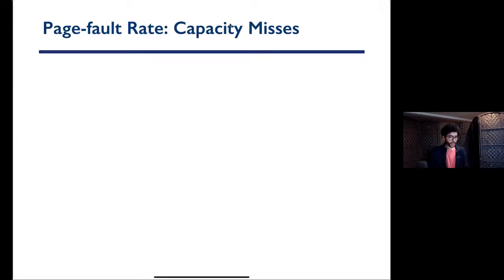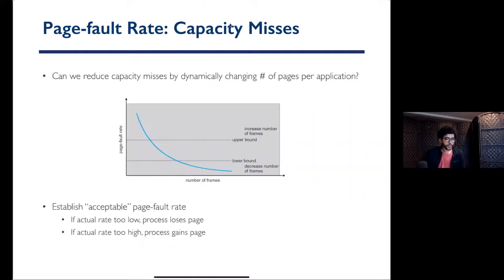Okay, now let's look at one of the signals that we can get when we want to allocate memory. If you remember from the previous lecture, when I was talking about the anomaly in replacement policies, I showed you a graph like this, where on the x-axis you have the number of pages that you're allocating to a process, and on the y-axis you have the page fault rate, how often this process gets a page fault.